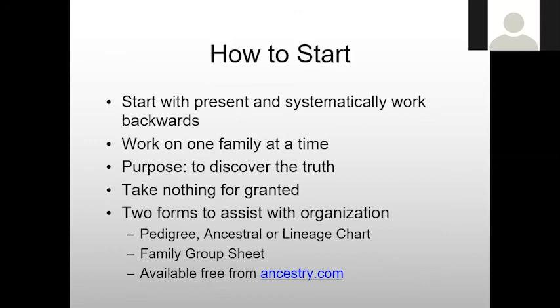How to get started? The best thing is to start with the present and work backwards in a systematic fashion. When I say start with the present, you want to start with yourself. You want to record yourself, your parents, your grandparents, and systematically work backwards. You also want to look at one family at a time.